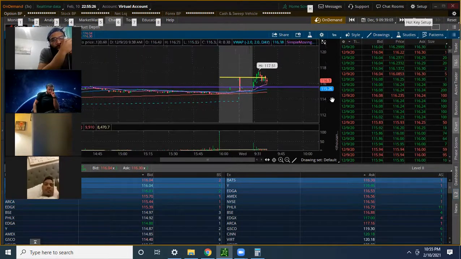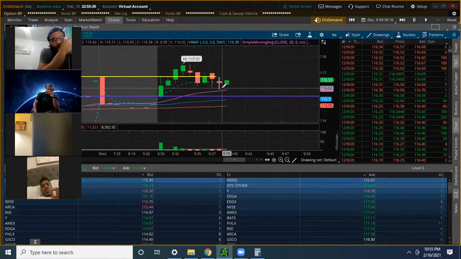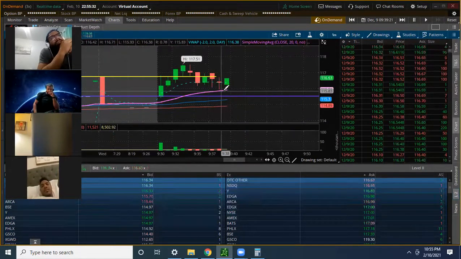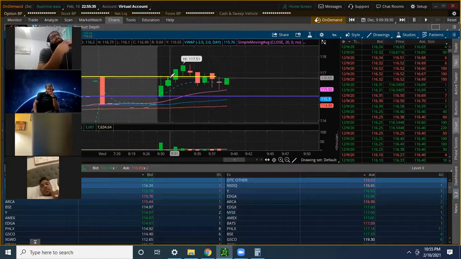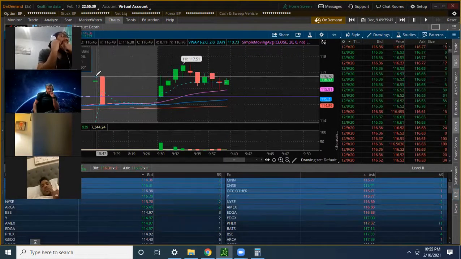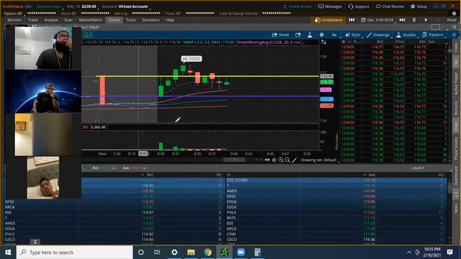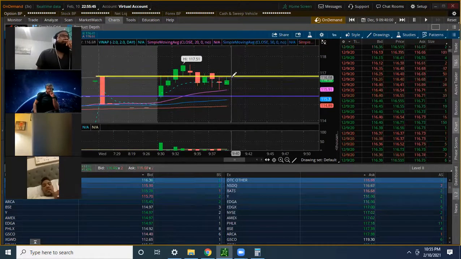So what do we have here? It breaks the pre-market high, comes back down, uses the 20 as support. We're gonna extend this pre-market high that we drew. We're gonna extend it, see what happens. Look, now price is below that, so it's resistance.